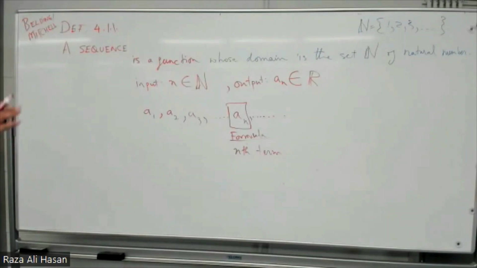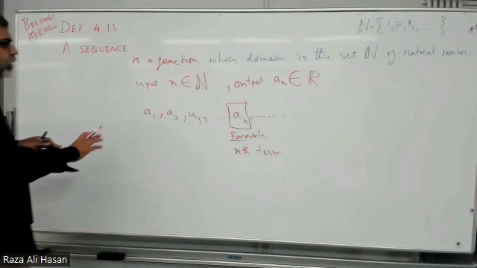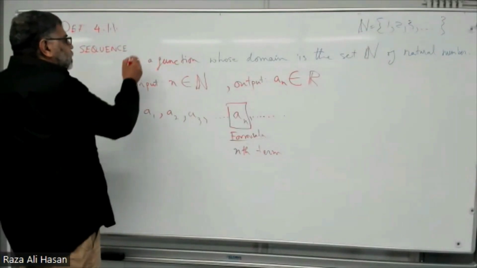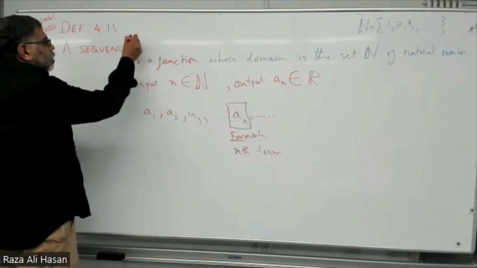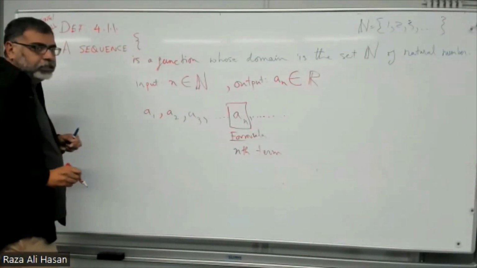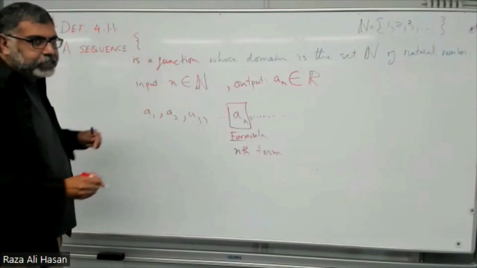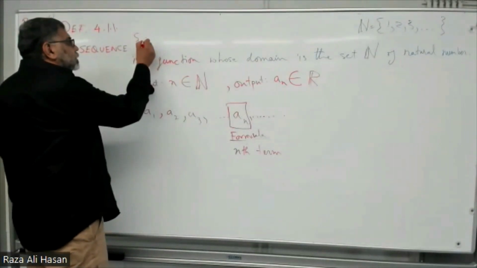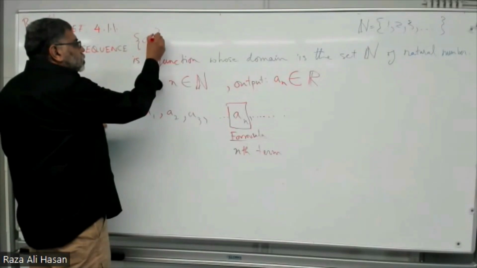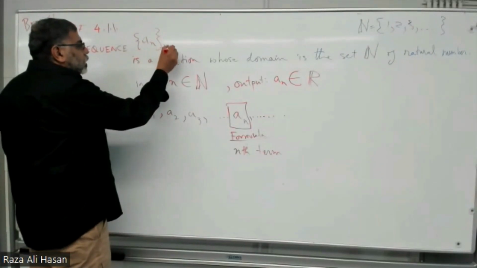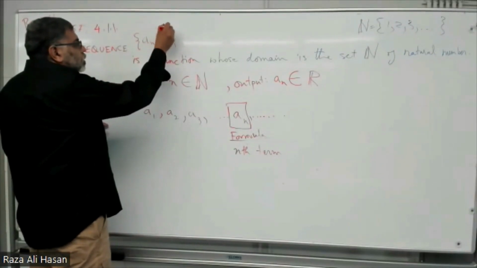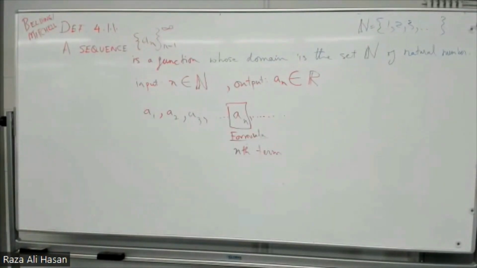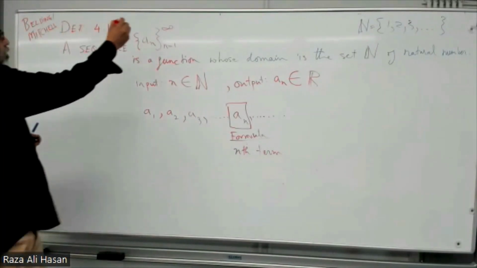In this textbook, Belding and Mitchell, when they say here's a sequence, they use the braces that you use for a set, put a_n inside, and then n equals 1, going up to infinity. That's the notation they use, and this is a sequence.